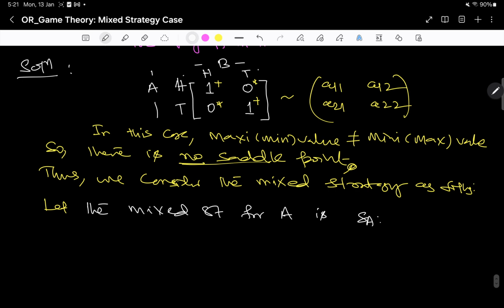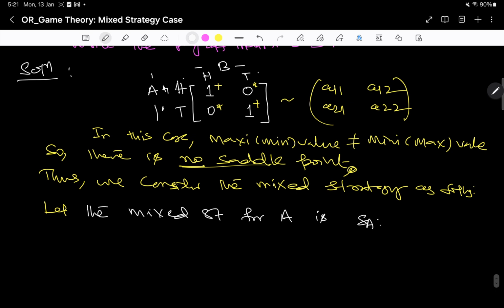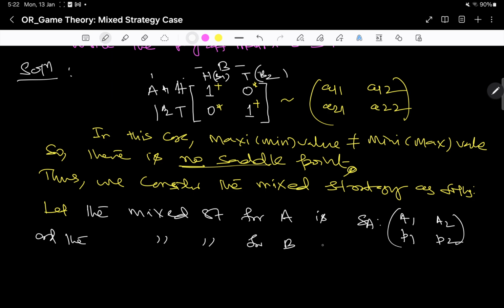We may call them A1, A2, and B1, B2. So A1, A2 have the probabilistic approach P1 and P2, and the mixed strategy for B is B1, B2 with Q1, Q2.